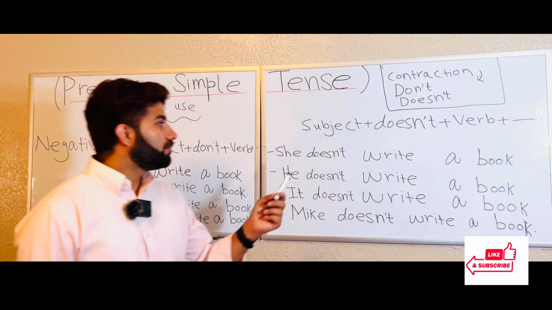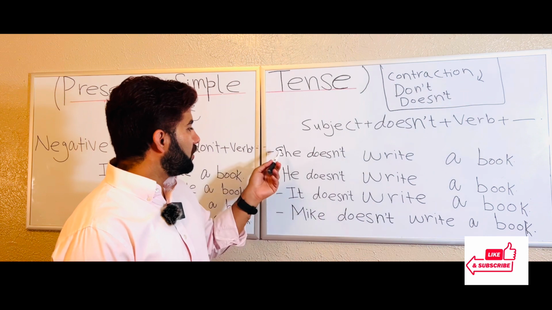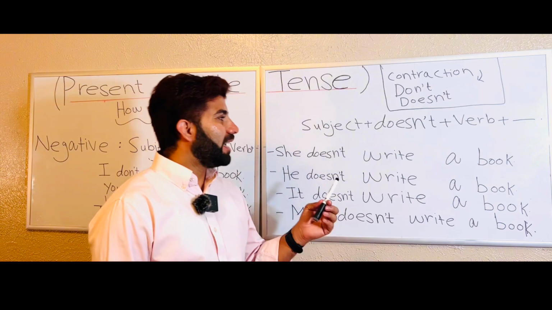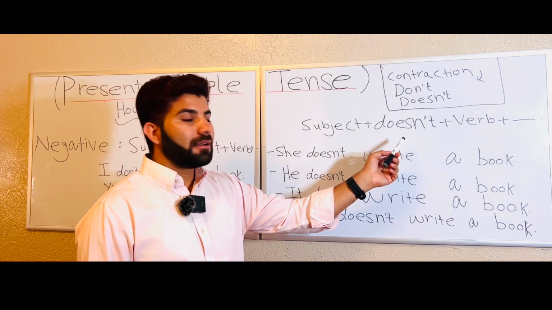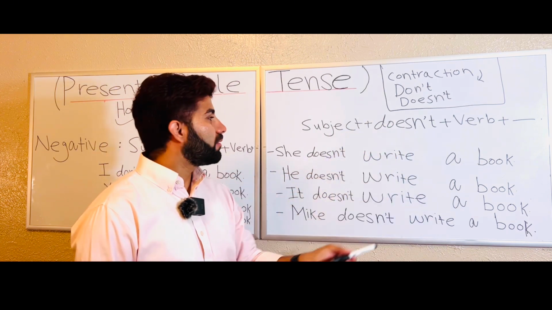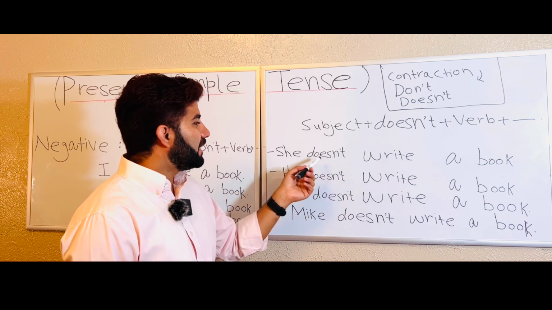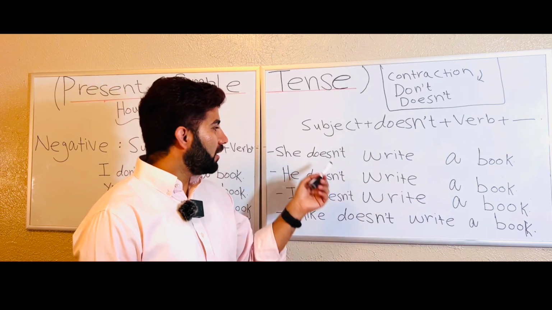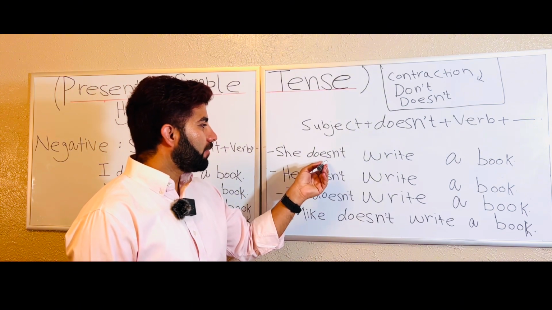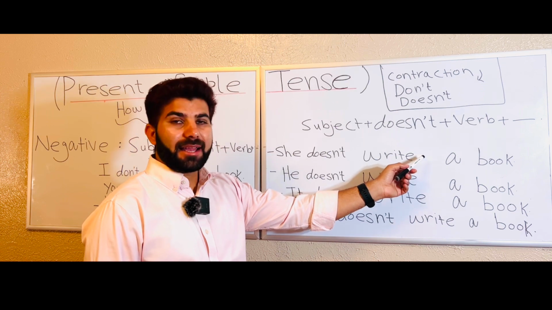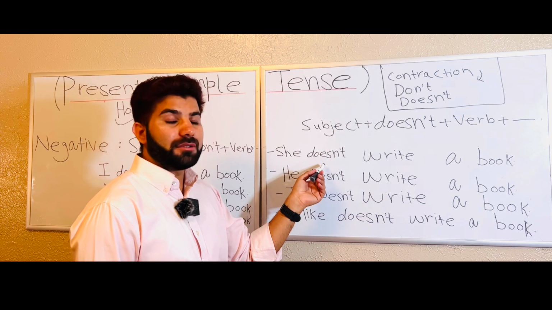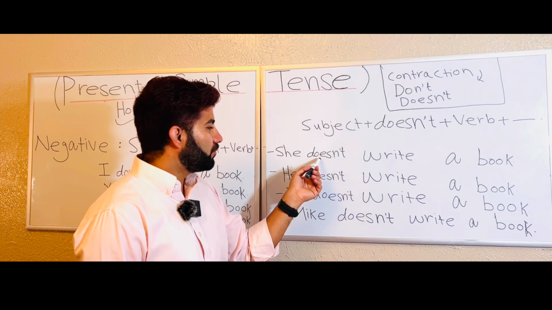On the other side, with she, he, it or a single noun, we use does. For example, she doesn't write a book. Here I wrote doesn't. So the s at the end of the verb comes from the verb to behind the do.